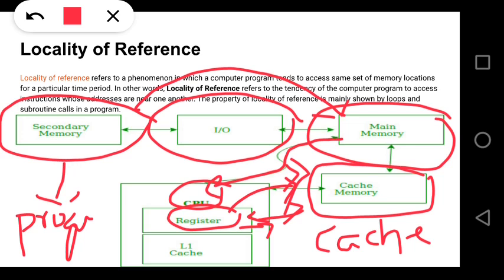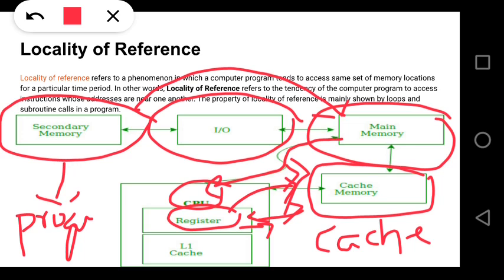So the locality of reference means the computer program tends to access instructions whose addresses are near one another. The property of locality of reference is mainly shown in loops. Just now we discussed about loops, how the locality of reference concept can be implemented for a loop. Similarly, for subroutine calls.